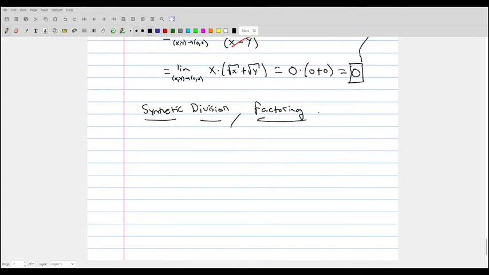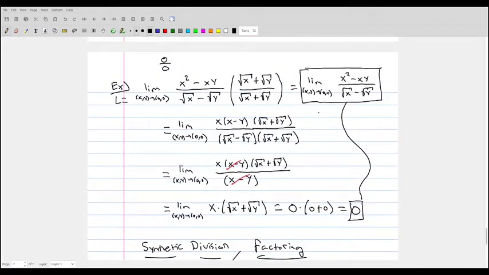There are so many different useful algebraic techniques that we can use to possibly simplify functions and simplify the calculation of limits if we have to. Sometimes it's important to do that. Whenever you get an indeterminate form like that, the limit may actually exist if you can simplify either the numerator or the denominator.